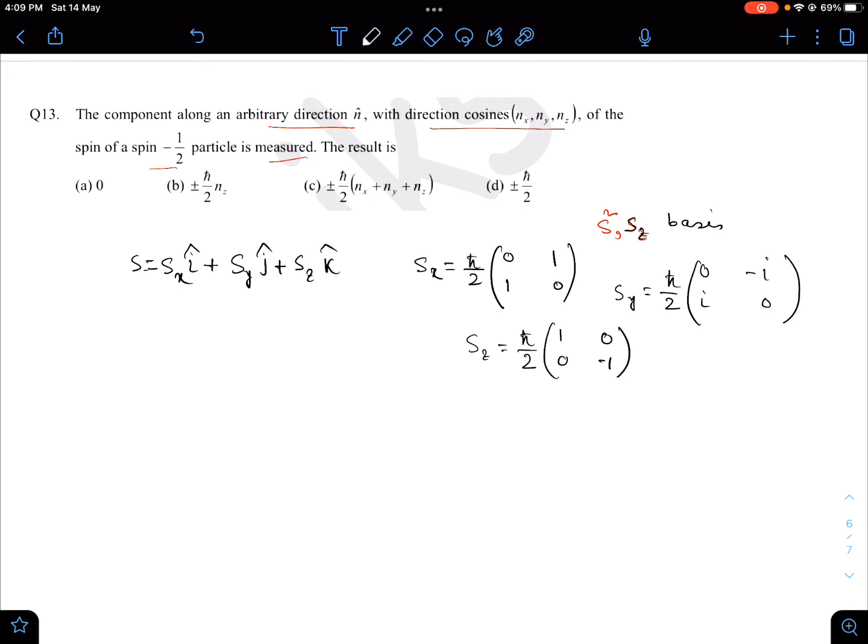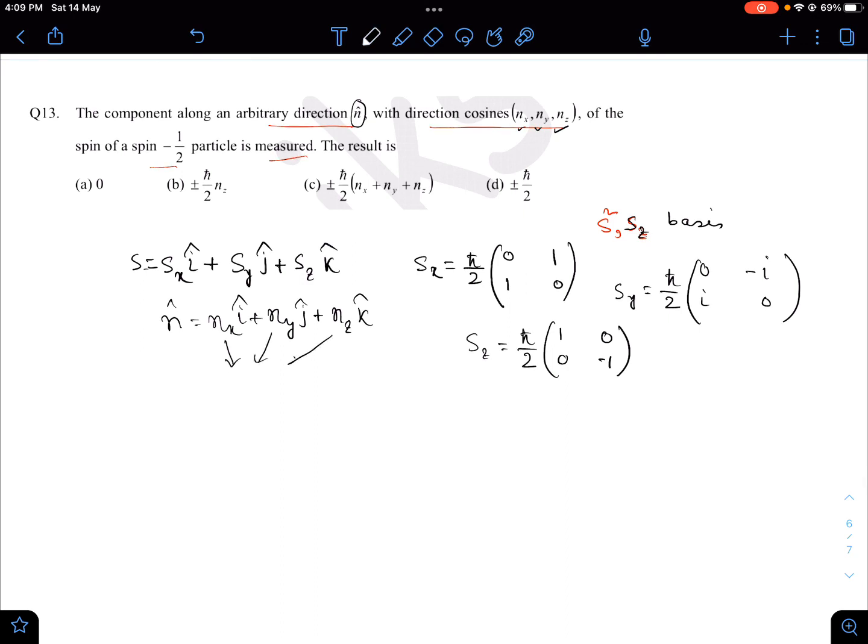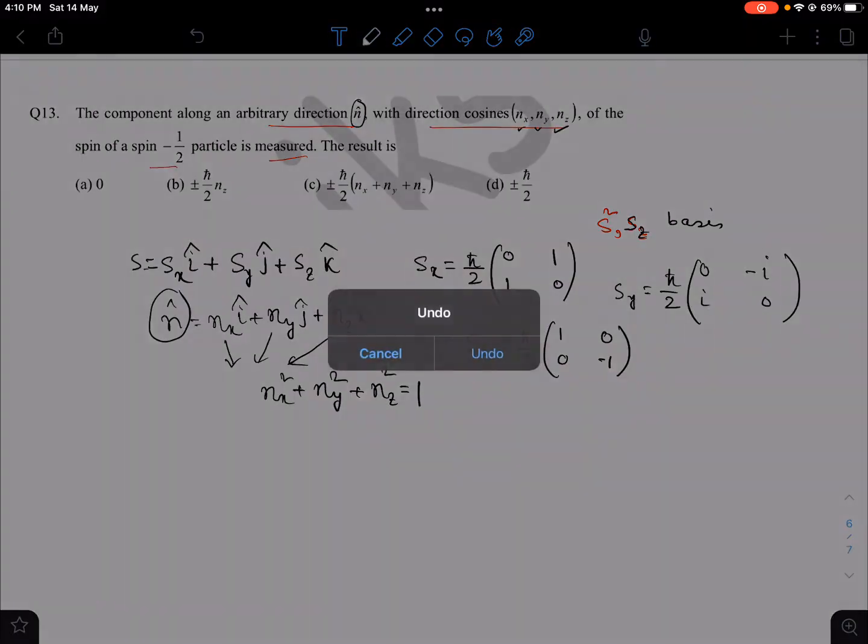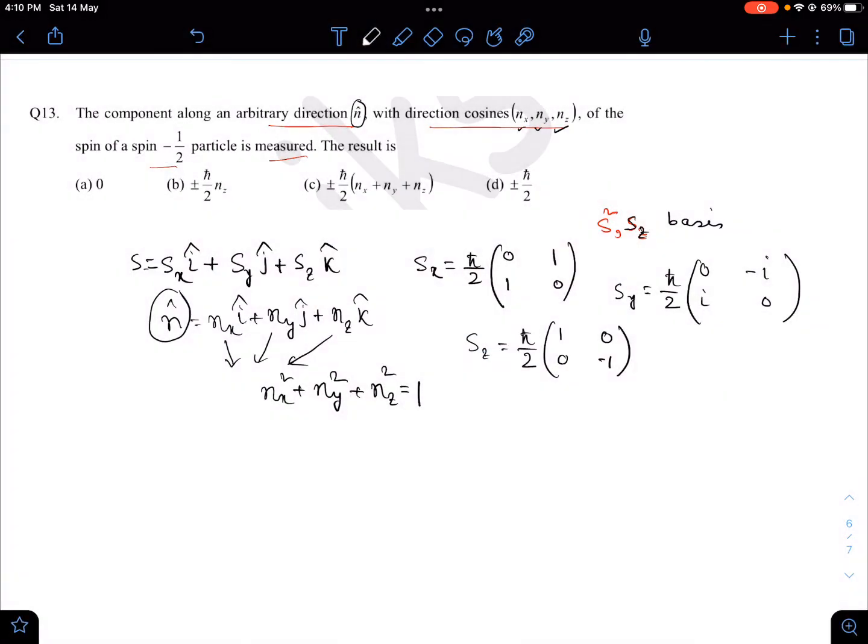Since n is any arbitrary direction with these direction cosines, we can write n as nx i cap plus ny j cap plus nz k cap. Since these are direction cosines of a unit vector, nx square plus ny square plus nz square must be 1.